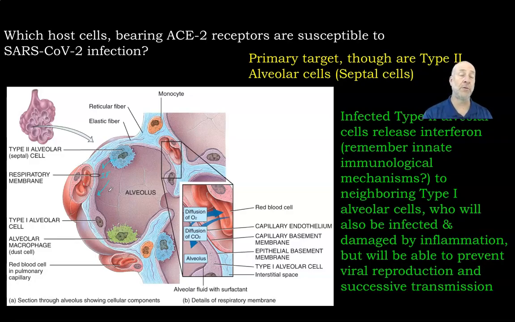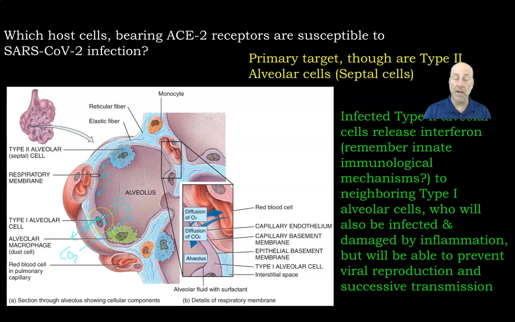This is also the correct response, but does it make sense that the neighbor of a type 2 septal cell is a type 1 septal cell? The last place in this universe that we want inflammation is in a type 1 alveolar cell, because we need that respiratory membrane to be incredibly thin in order to allow for O2, oxygen, from the alveoli to move through into the tissue, and then don't forget CO2 to move from the tissue, the capillary, into the alveoli for elimination via expiration or exhalation.